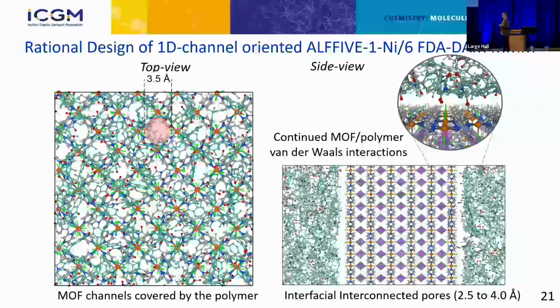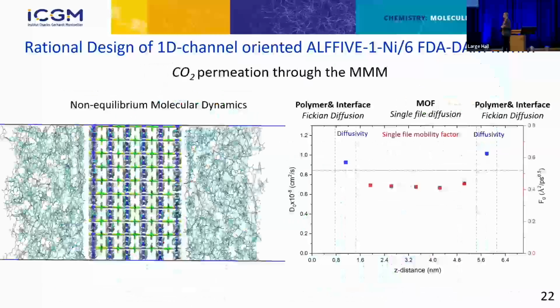In that case, you limit the CO2 from spreading over this direction, which is also good for the global permeability, because you want the gas to go directly from the polymer to the entrance of the MOF pore. You don't want the CO2 to spend a lot of time in this region and lose some productivity of your MMM.